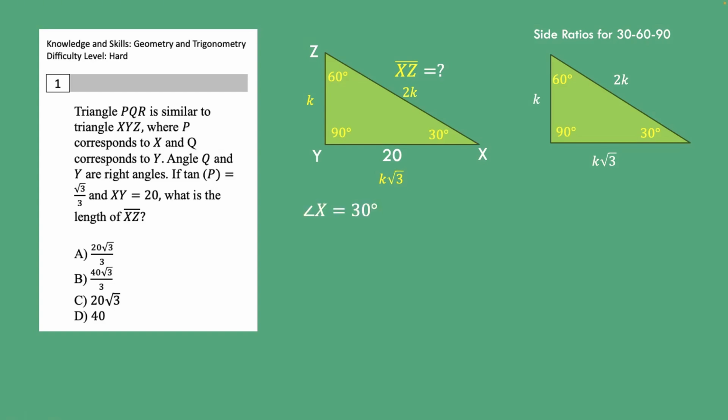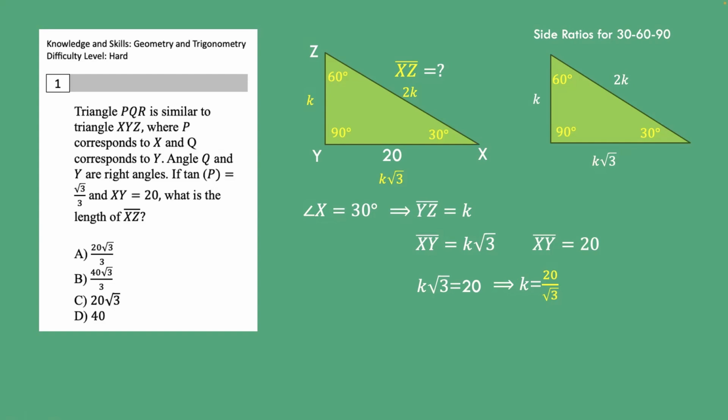and the hypotenuse is 2k, which is opposite the 90 degree angle. Here, angle X is 30 degrees, so the side opposite 30 degrees, YZ, equals k. The other leg, XY, is the longer leg, k square root 3. We are given XY equals 20, so k square root 3 equals 20, thus k equals 20 over square root 3.